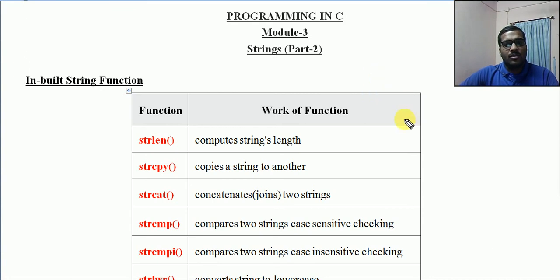So for using all these string handling functions, we need to include a header file called string.h. Just like #include stdio.h, we need to include #include string.h if we are using string handling functions.